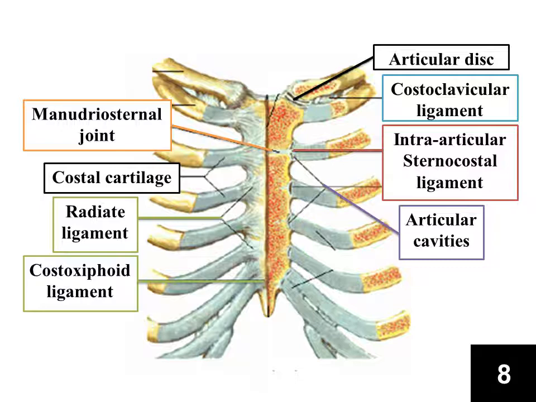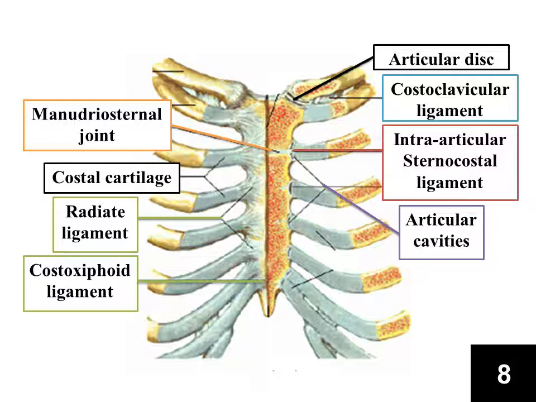This ligament is a broad, thin membranous band that radiates from the anterior and posterior surfaces of the costal cartilage of the rib to the anterior and posterior surfaces of the sternum, as we see in the picture.